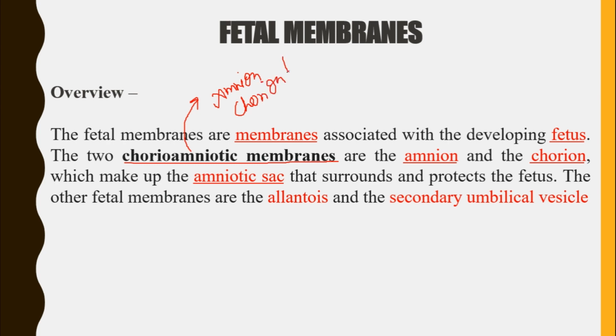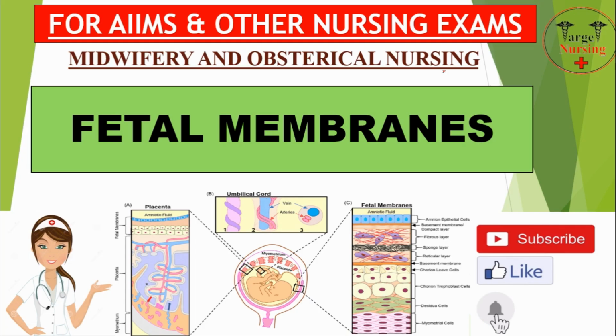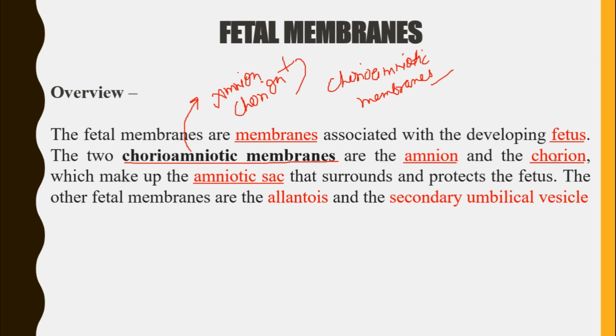So it is chorioamniotic membranes. The two chorioamniotic membranes are the amnion and the chorion. These two are the main fetal membranes.